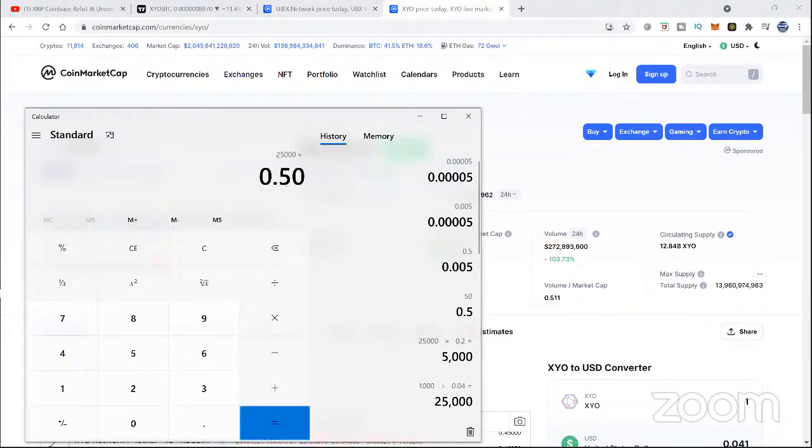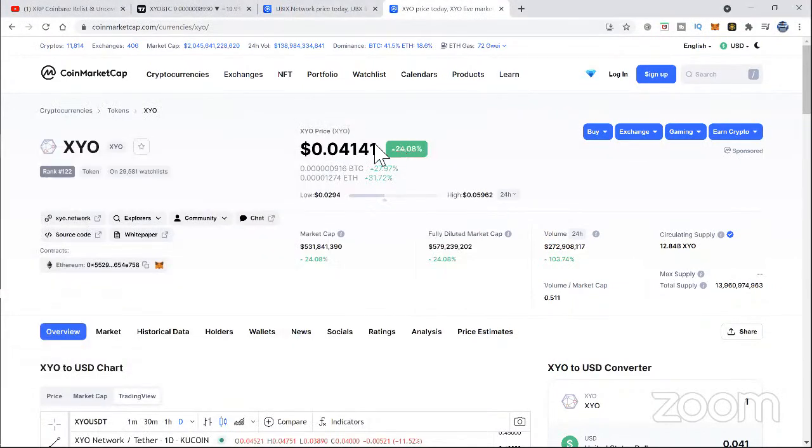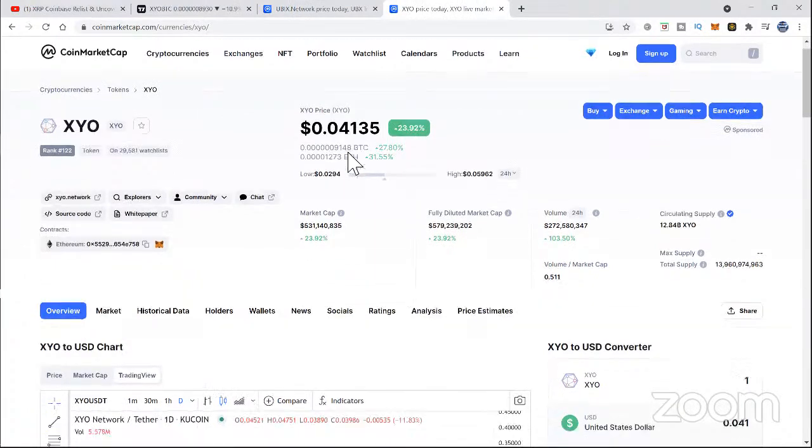How much is that? $12,500. So that's 12 and a half times on your money if you invest at around this price action where it's at now, where it just got listed on Coinbase. So if it hits 50 cents, that'll be a 12.5x on your money.